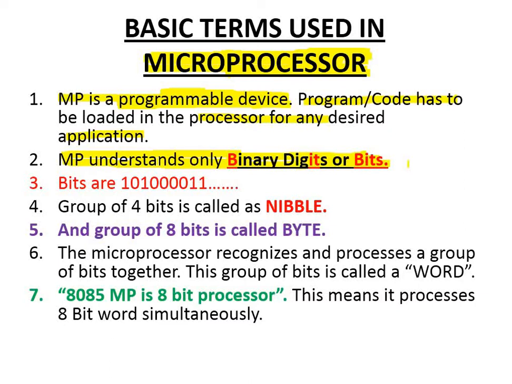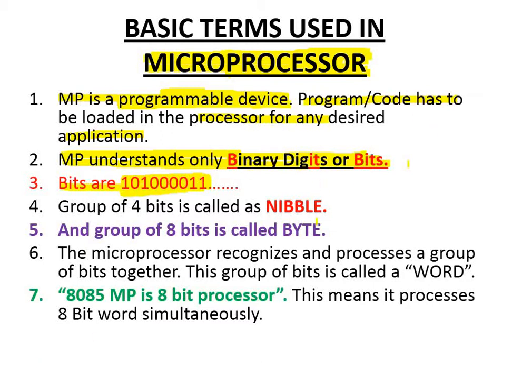All these terms are there, but in the end these terms have to be converted into binary digits, some combination of bits. Only that combination of bits the microprocessor understands. It does not understand any English or Hindi language. It will understand only binary format digits, in the form of something like 1010. You have to feed the data and your code, and you will get the output, everything in this binary format.